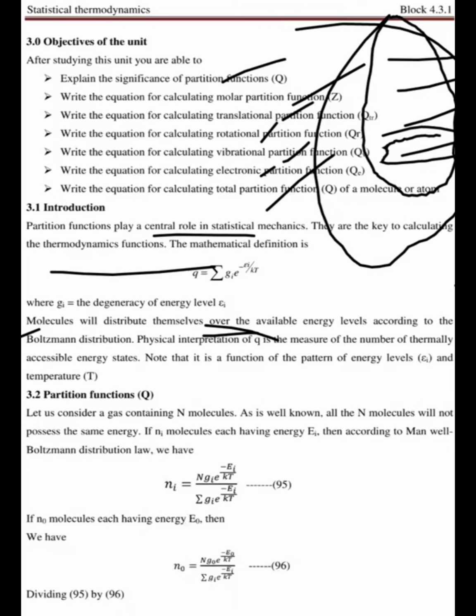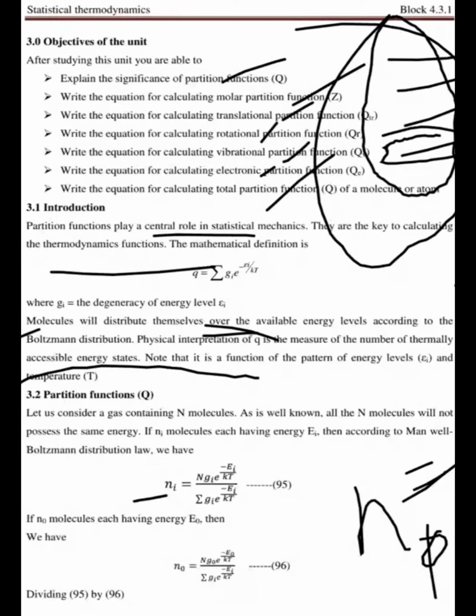For the derivation of the partition function, we consider a gas containing N molecules, where the N molecules will not possess the same energy. They will be in different energy levels. It can be calculated as Ni, because N0 will be at energy level E0 and N1 at E1, so overall we take it as Ni.